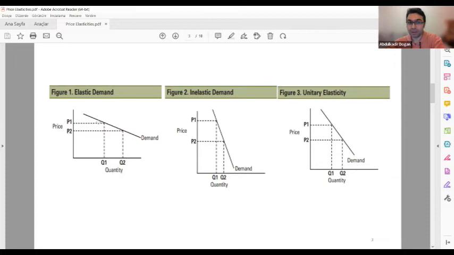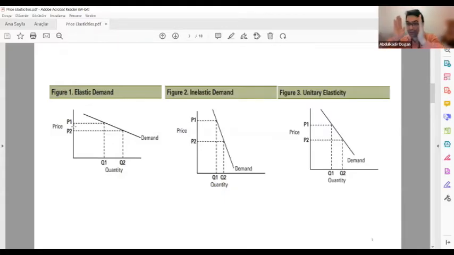If P1 and Q1 are 3 and 3, and let's say Q2 is 5, meaning this is 3 and this is 5, there is a distance of 2 between Q1 and Q2. Is the corresponding price distance greater than 2 or less than 2? This is less than 2, right?